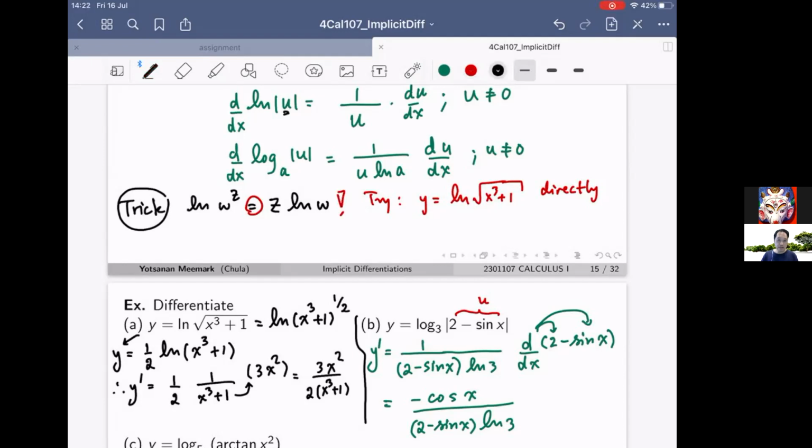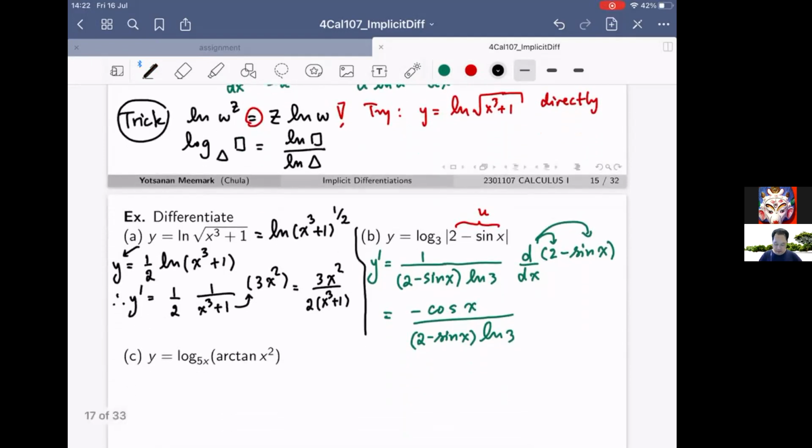Another property that we may need is that a log of something with a base is a log of base e of that something over a log of base e of that base. This is another property that we will use a lot.